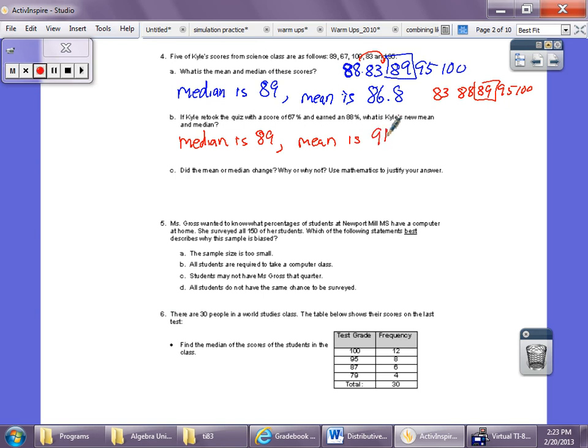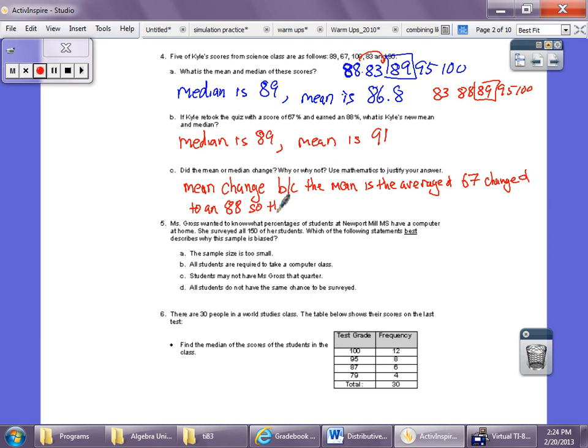Now, did the mean or the median change? Why or why not? Well, the mean changed. It changed because the mean is the average, and the 67 changed to an 88.